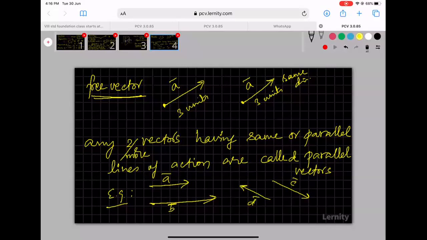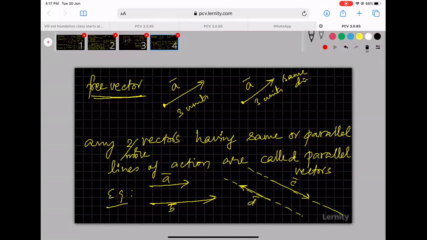Look at the definition again. The line of action of this C bar vector and the line of action of this D bar vector are parallel to each other. Lines do not have direction, I told you already. Just because two vectors have parallel or coincident lines of action, you can call them parallel vectors, whether they are in the same direction or opposite direction.